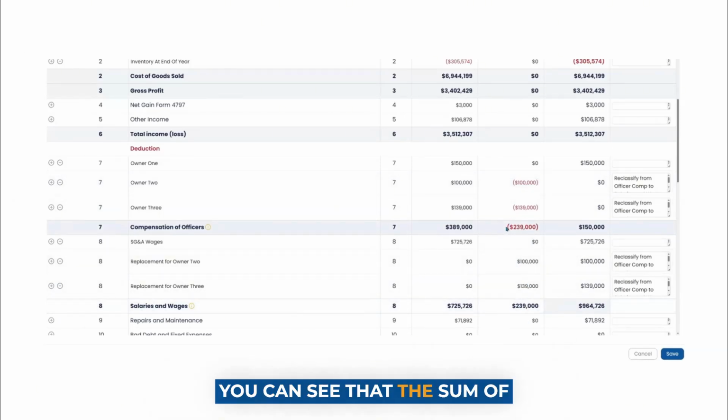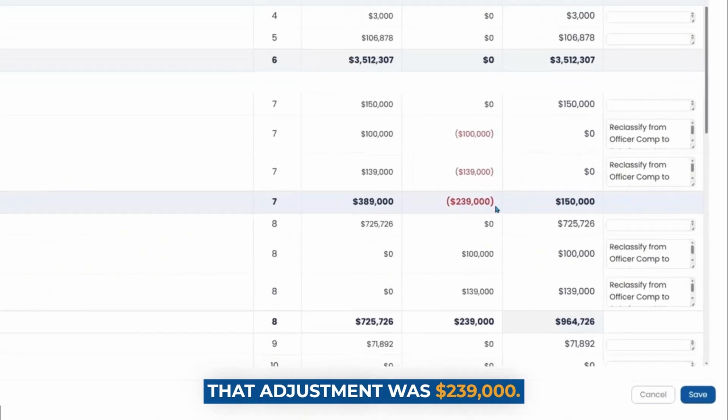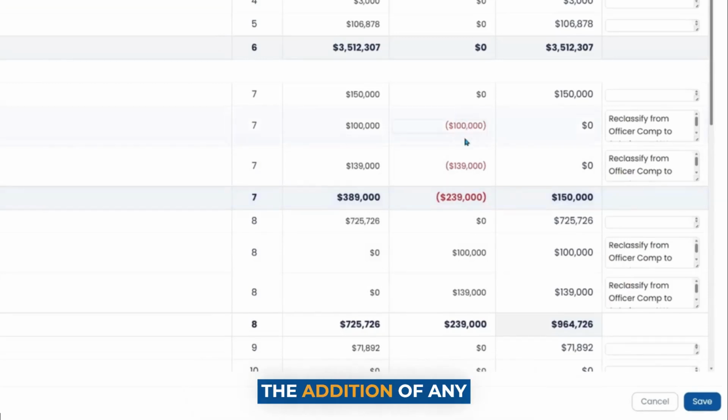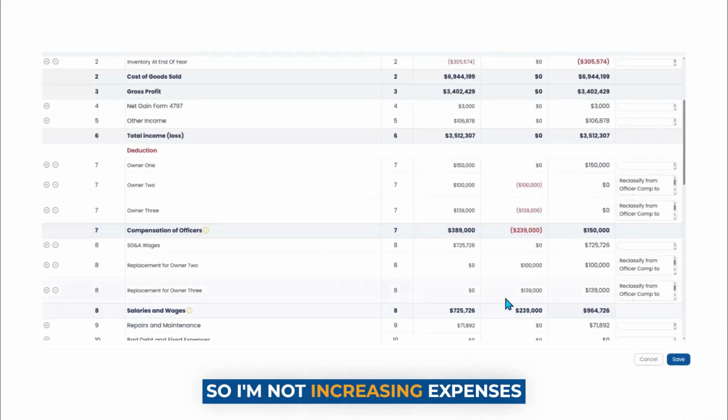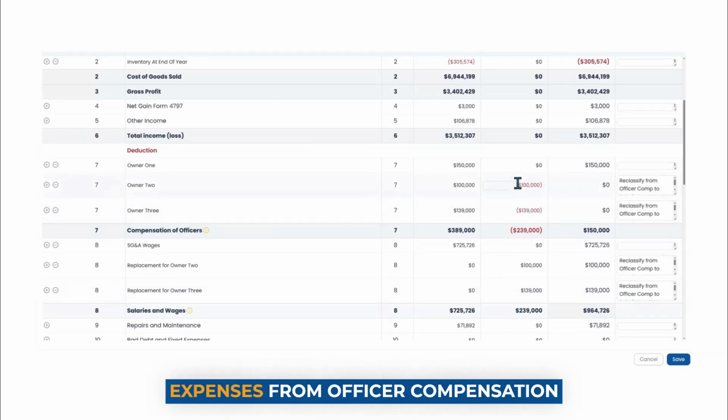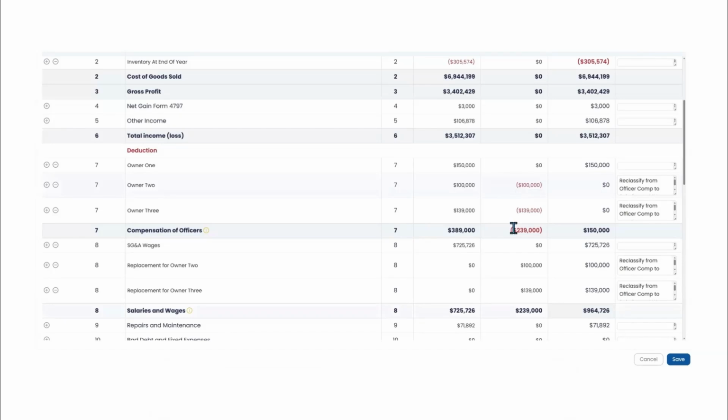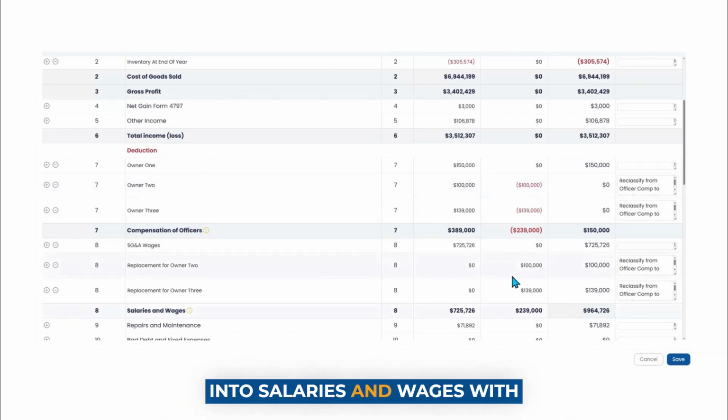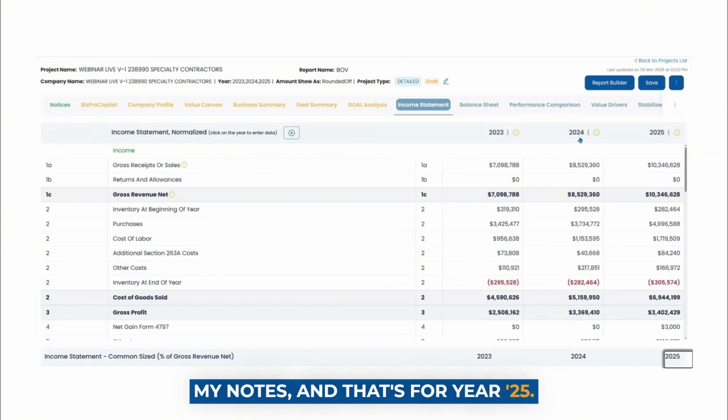You can see that the sum of that adjustment was $239,000, the addition of any changes made here. So I'm not increasing expenses or decreasing expenses at all. I've simply reclassified those expenses from officer compensation into salaries and wages with my notes, and that's for year 25.